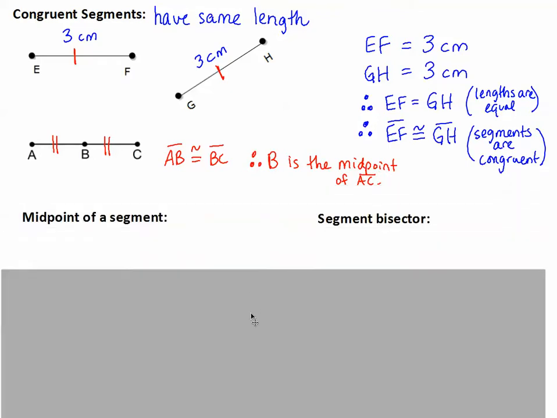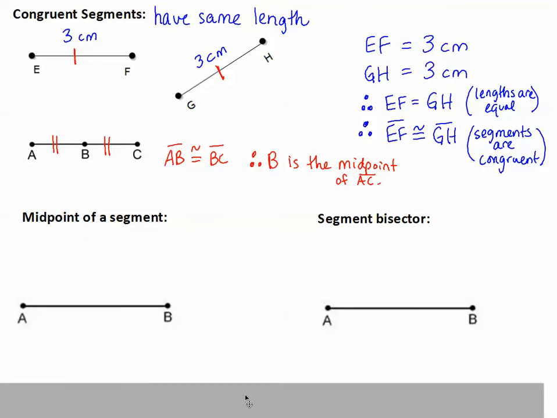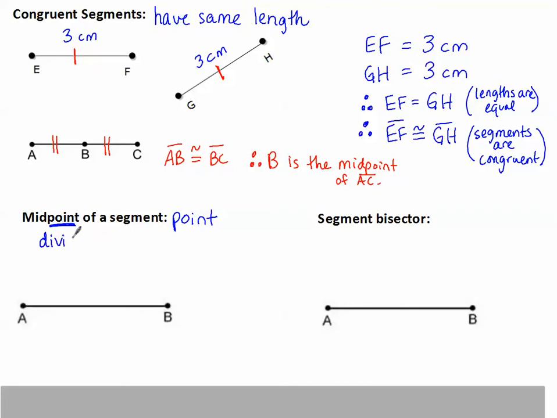Let's talk more about what a midpoint of a segment is. Now, a midpoint has to be a point. The midpoint divides the segment into 2 congruent parts, just like we saw in that picture with the congruence earlier.